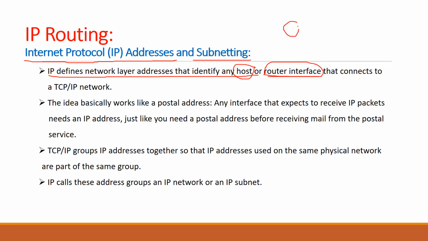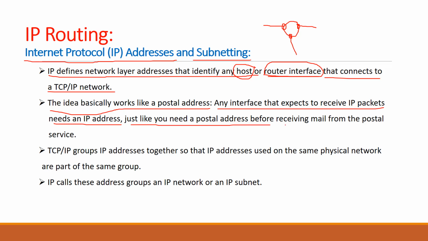So if a router has 3 interfaces, each interface must have an IP address that connects to a TCP/IP network. The idea basically works like a postal address. Any interface that expects to receive IP packets needs an IP address, just like you need a postal address before receiving mail from the postal service.